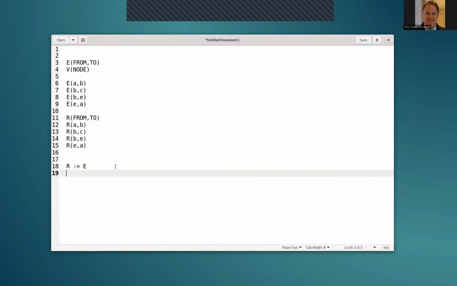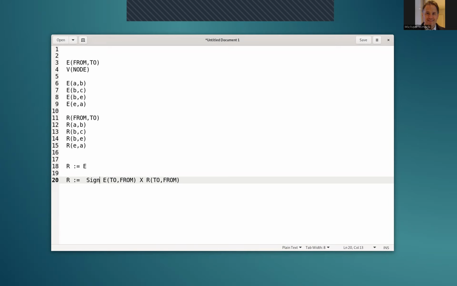But notice here that there's another thing. That is that I can also say that if there's an edge that goes from one node to another, and then let me do a big cross, that's our Cartesian product, with R, from and to, and then I'm going to do a sigma.